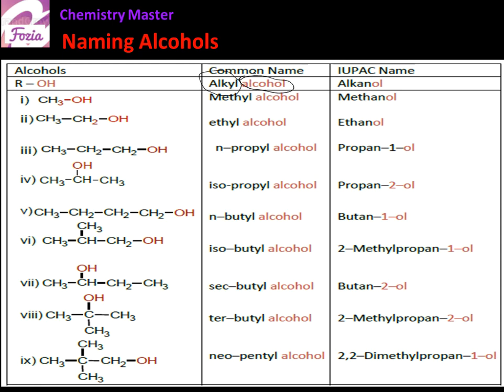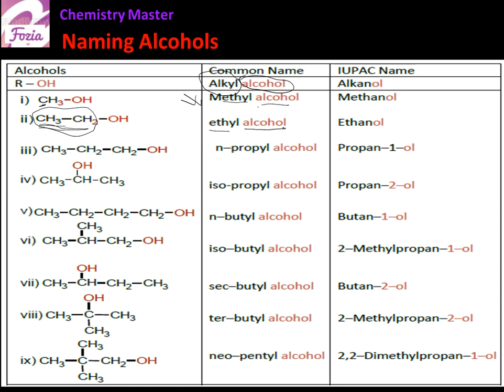So if you have just one carbon in the alcohol structure, then its common name is methyl. The name of the alkyl is methyl, then the word alcohol. So the name will be methyl alcohol. And if your alcohol has two carbons in it, the name of the alkyl will be ethyl. So the name goes ethyl alcohol.